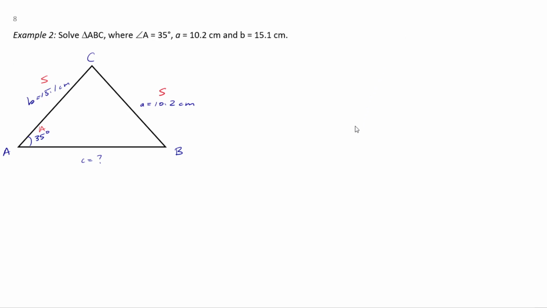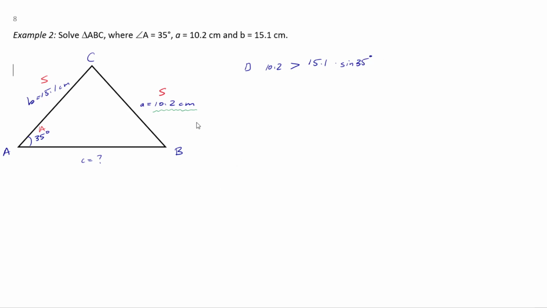So I have to check, is 10.2 centimeters a greater value than 15.1 times sine 35?